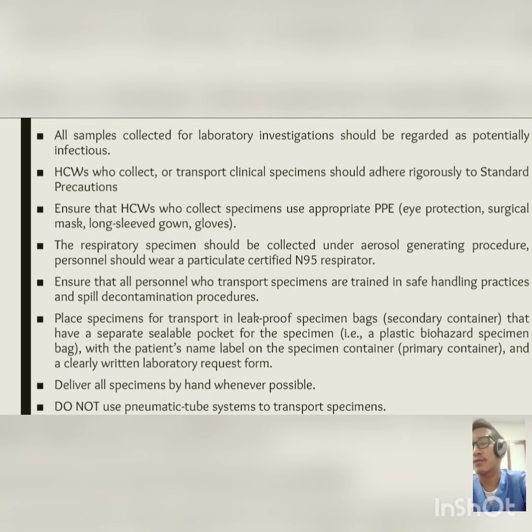So we have a swab label, package form, as well as your shipment forms for all the specimens that we are transporting to the Riyadh Regional Laboratory. Deliver all specimens by hand whenever possible. Do not use a pneumatic tube system to transport specimens.